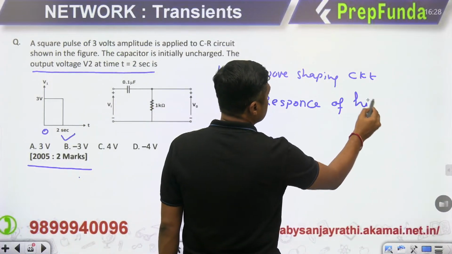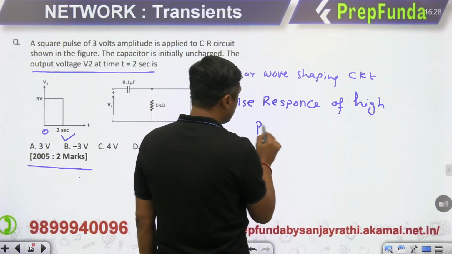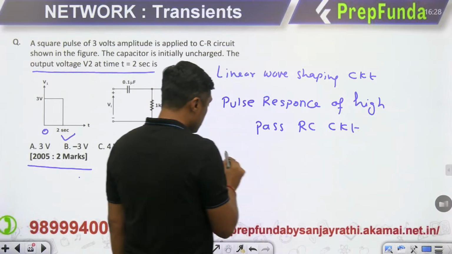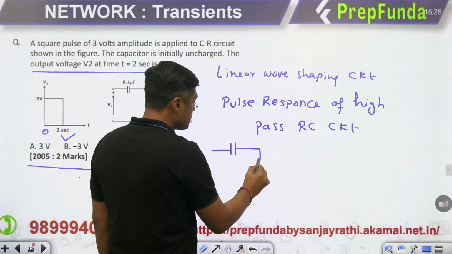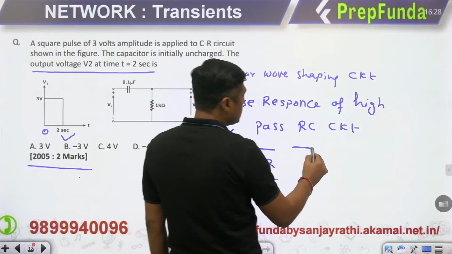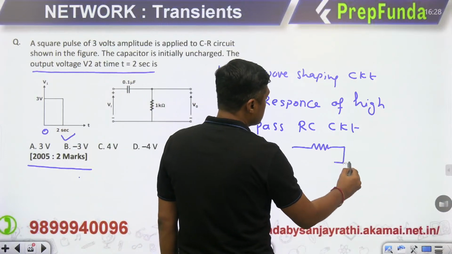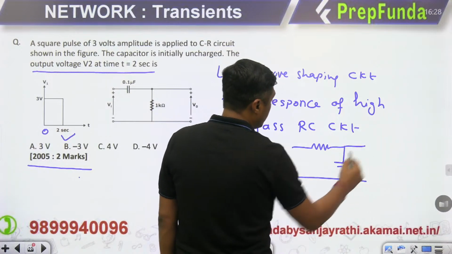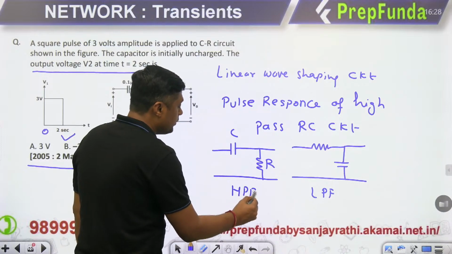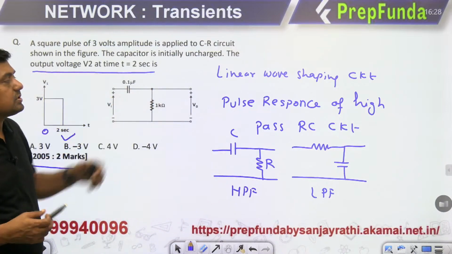High pass RC circuit. Because when there is a capacitor followed by a resistor, this circuit is called high pass. When there is a resistor and capacitor the other way, it is called low pass RC circuit. It is a low pass filter, it is a high pass filter. So we are dealing with the high pass RC circuit.